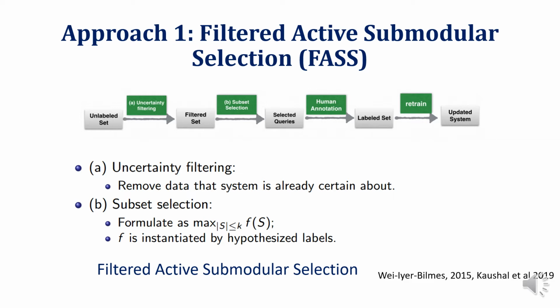The difference is that because we don't have the labels, we will use hypothesized labels on the F so that you get diverse and possibly representative subsets selected. So this is called filtered active submodular selection.